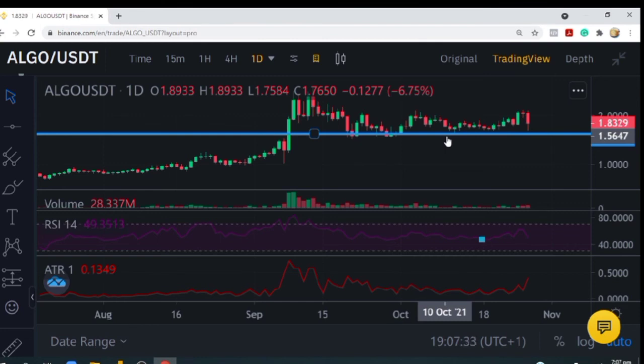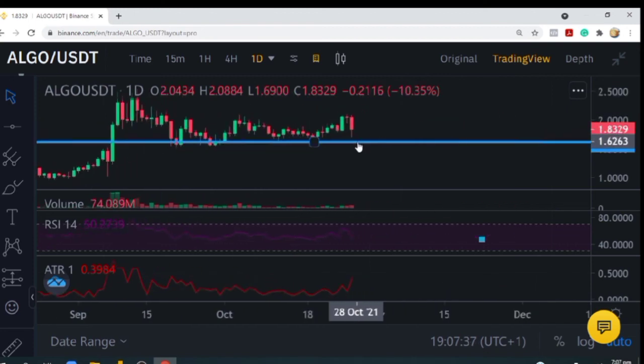Now, why are you using one ATR below the support line as your stop loss? This is because if you set your stop loss very close to the support, it could easily take you out of the market, and then the price will go up again and you miss the chance of making money.